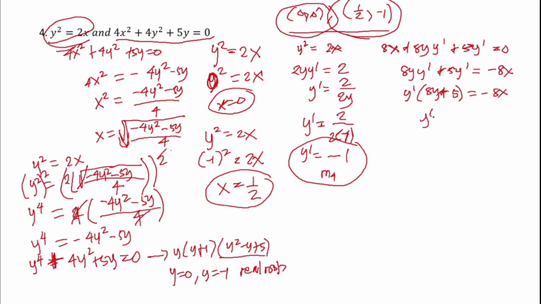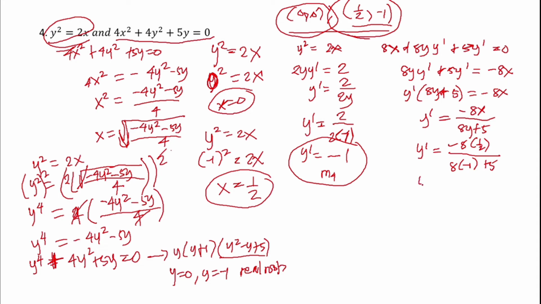So y prime is equal to negative 8x over 8y plus 5. So y prime, since we will make use of this function at point 1 half and negative 1, is negative 8 times 1 half over 8 times negative 1 plus 5.